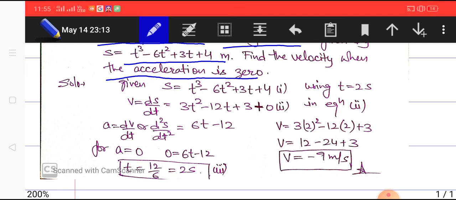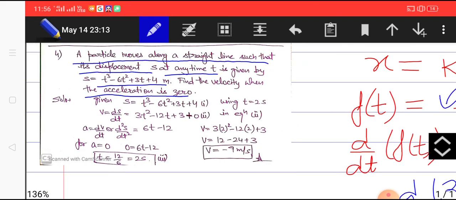So in this step we have to differentiate it twice, because once we differentiate s we get the velocity, as I told you here.